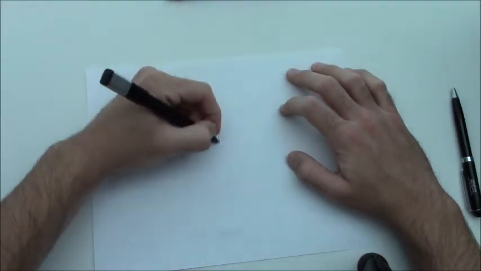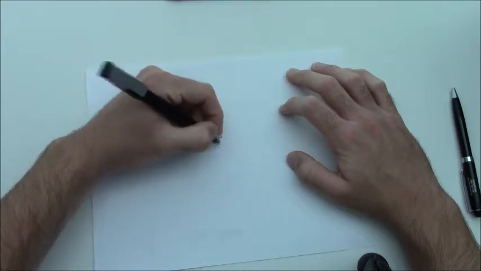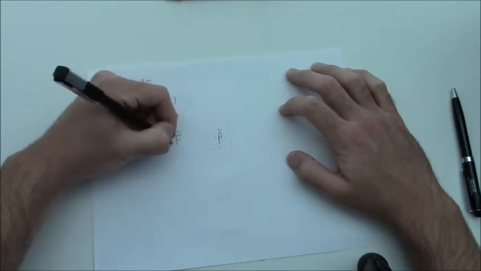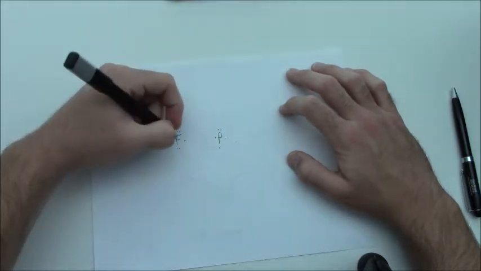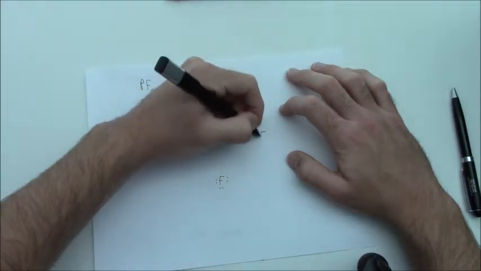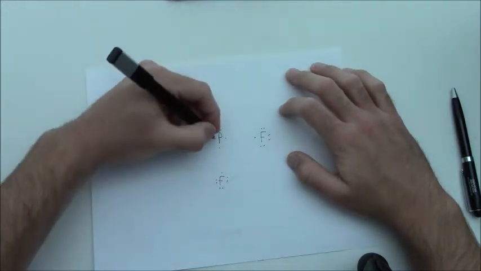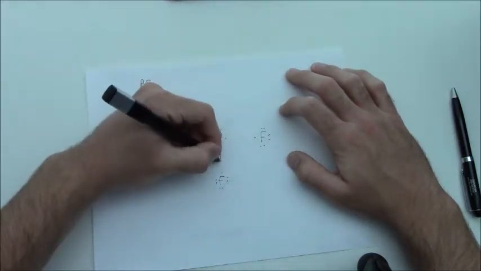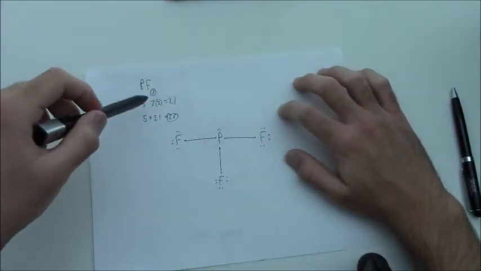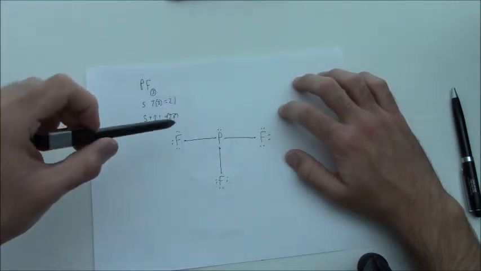So let's draw it based on our Lewis dot diagrams. If phosphorus has 5 valence electrons, its Lewis dot diagram will look like this. Then fluorine with 7, and 2 more fluorines also with 7. Now we see that we can make 3 single covalent bonds. What's important in Lewis dot structures is counting and making sure you have the correct number of valence electrons in your structure.